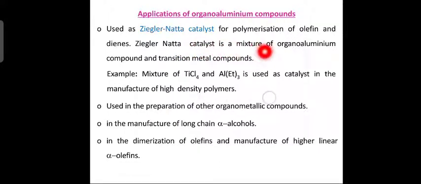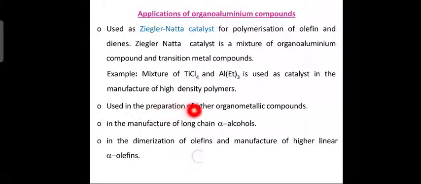It is a mixture of organoaluminium compound and transition metal compound. Now which is the organoaluminium compound? Triethyl aluminum. Which is the transition metal compound? Titanium tetrachloride. So Ziegler-Natta catalyst is nothing but a mixture of titanium tetrachloride and triethyl aluminum, that is used as a catalyst in the manufacture of high density polymer. That's why it is very important.